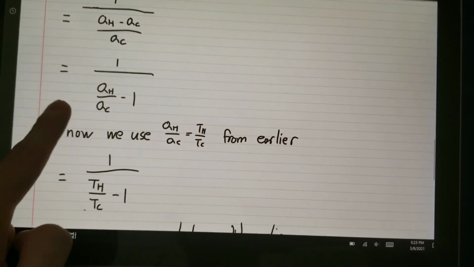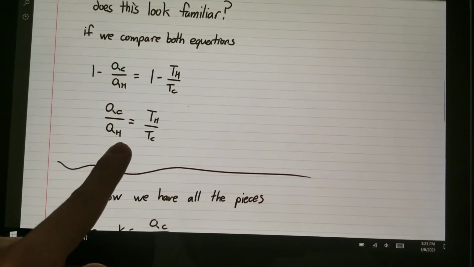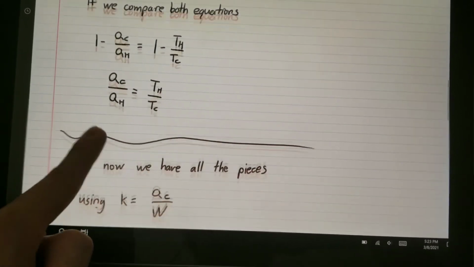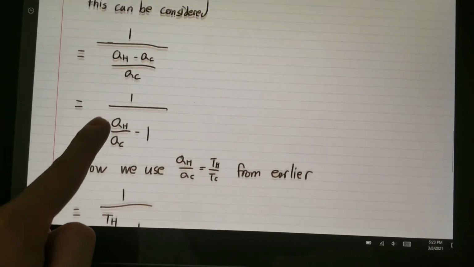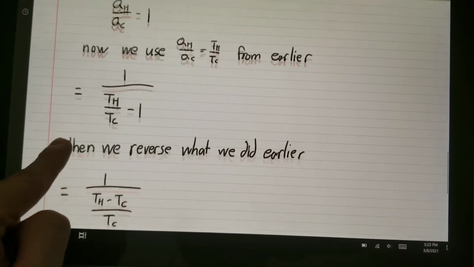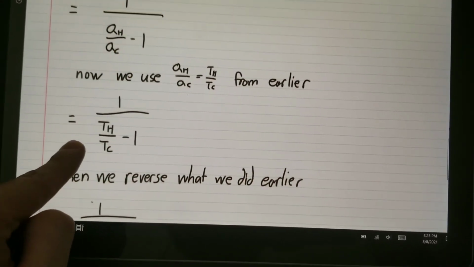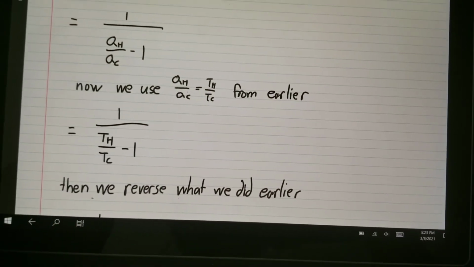And now, again with the plug and chug that physics seems to love, we get this relation and plug it into the denominator right here. Now, you might think, oh, isn't this the same as what we had earlier?